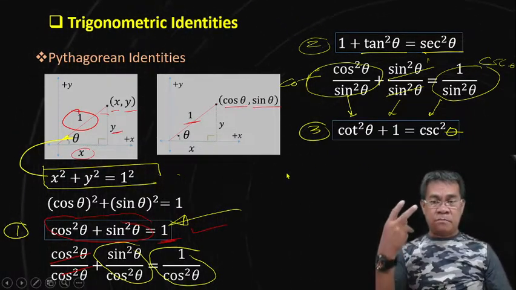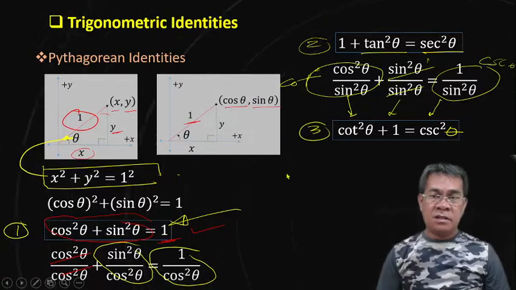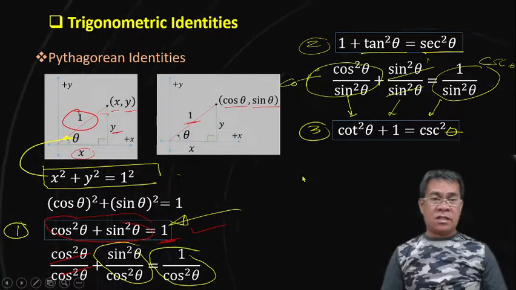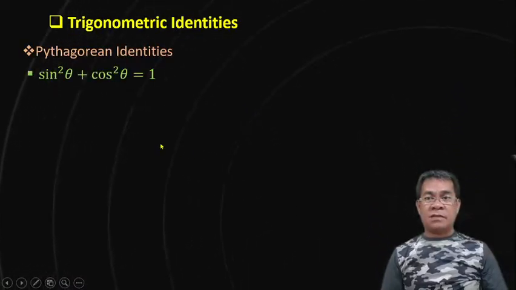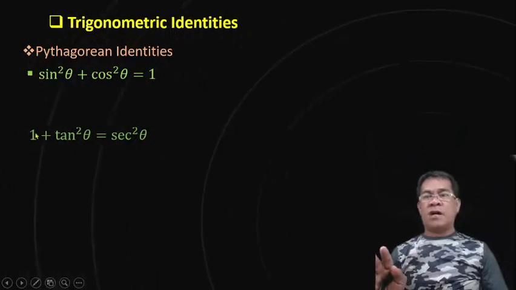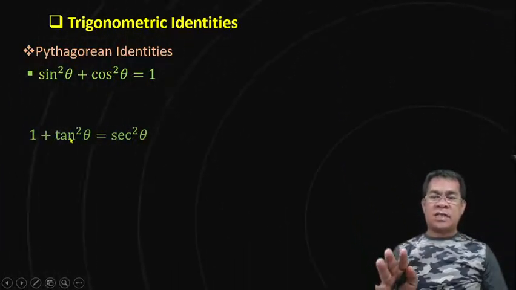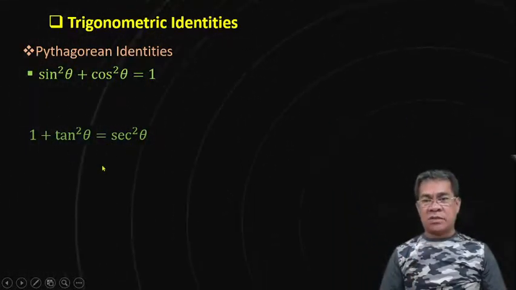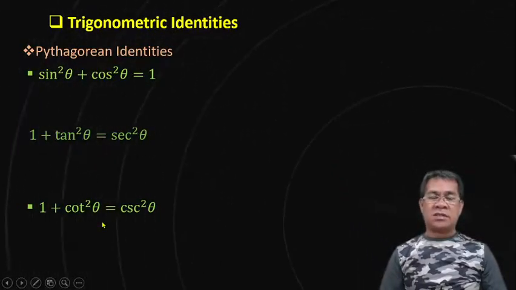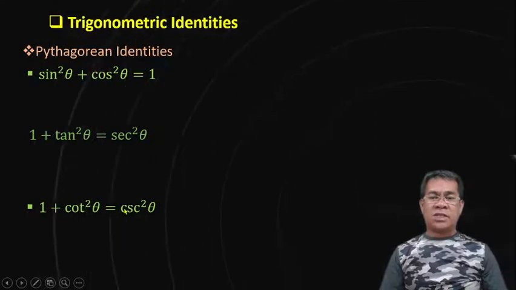So these are the main Pythagorean identities. Now take note that from the main, the secant square theta is equal to 1 over cosine square theta, and that 1 plus tangent square theta is equal to secant square theta, and the 1 plus cotangent square theta is equivalent to cosecant square theta.